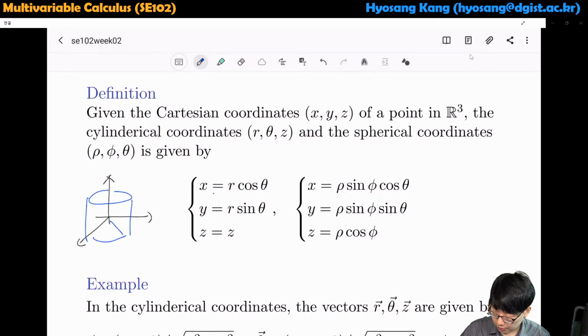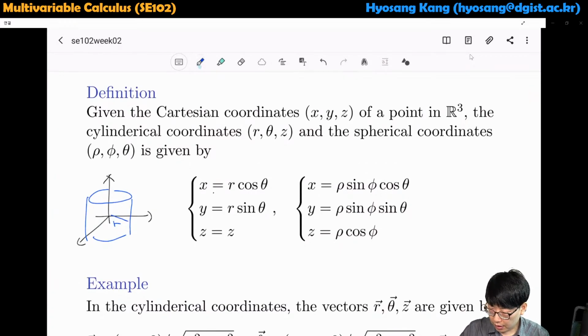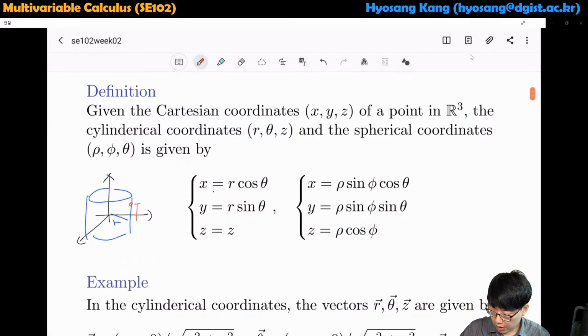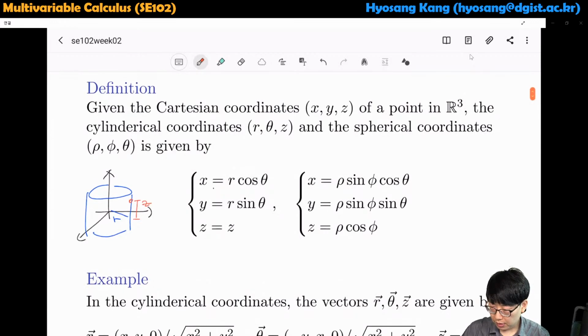So let's say this is r, and let's say I'm putting a point here. When I have a point, it must have a height of the cylinder from the xy plane, so that's z. This z is equal to the z in Cartesian coordinates, so we get the same z here, and the x and y coordinates come from the polar coordinate system. It's nothing but the polar coordinate system, but we have also another axis, the z axis, so that's easy.